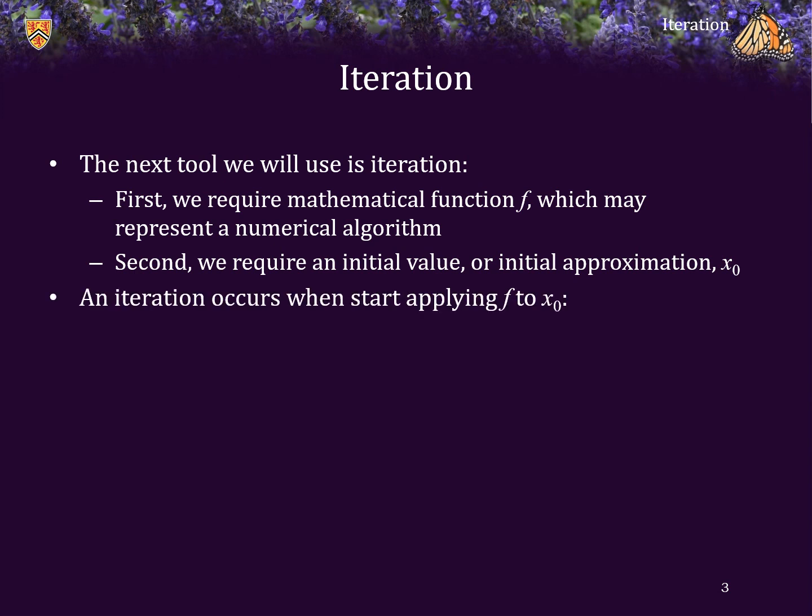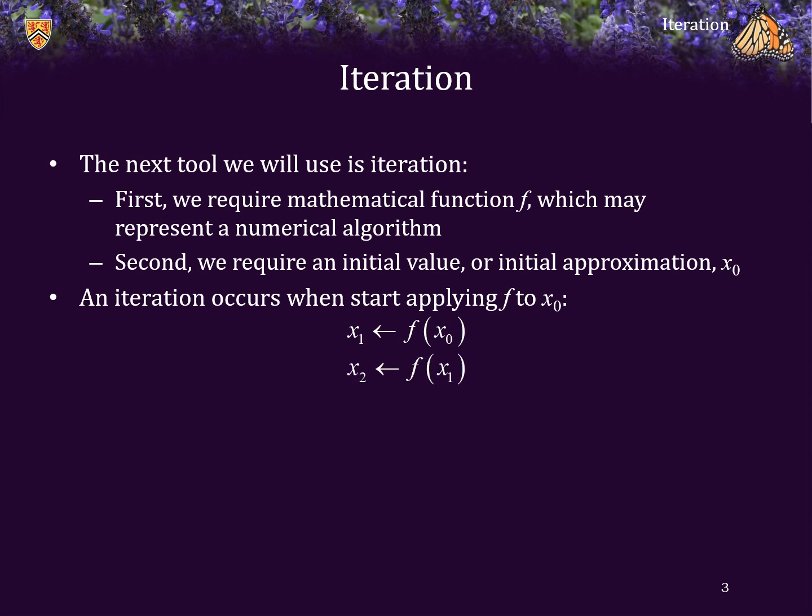Now, an iteration occurs when we start applying the function to x naught. So, calculating f at x naught, we get a result. We will assign this result to a new value called x1. So rather than saying equals, I'm using an arrow to emphasize that we are assigning to x1 the result of applying f to our initial approximation or initial value.